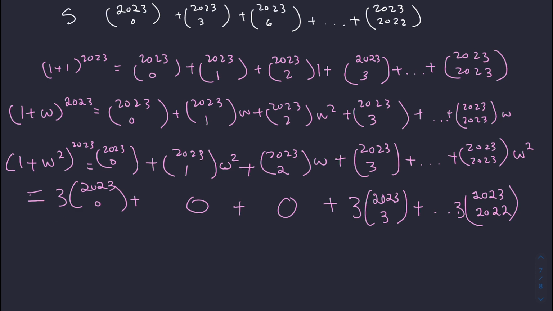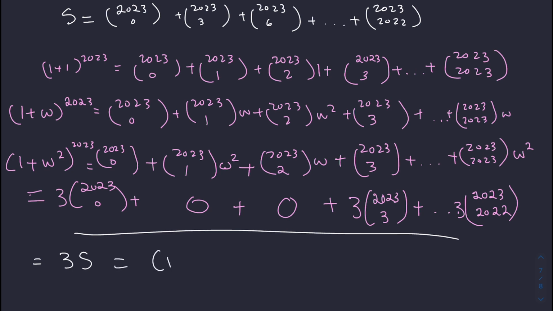If we set S to be the sum of what we're trying to find, then this entire thing would be equal to 3S, which would also be equal to 1 plus 1 to the 2023 plus 1 plus omega to the 2023 plus 1 plus omega squared to the 2023.